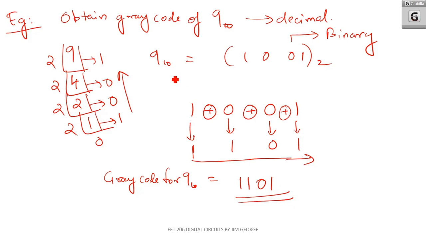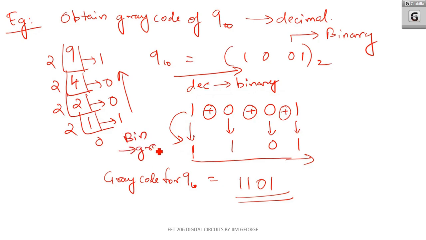Okay, so here I have converted from decimal to binary and from binary to gray code. Okay, this is a conversion from decimal to binary, and here I have converted from binary to gray code. Okay, so I am proceeding.